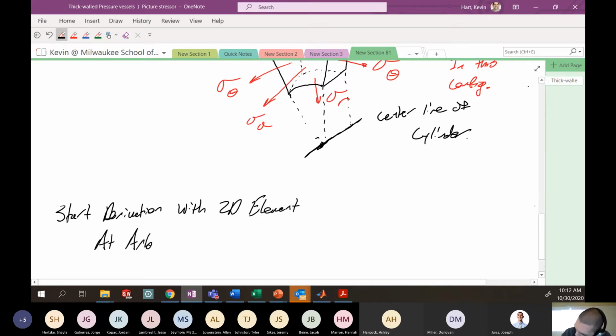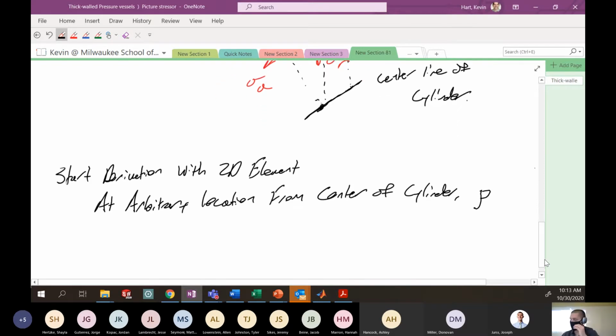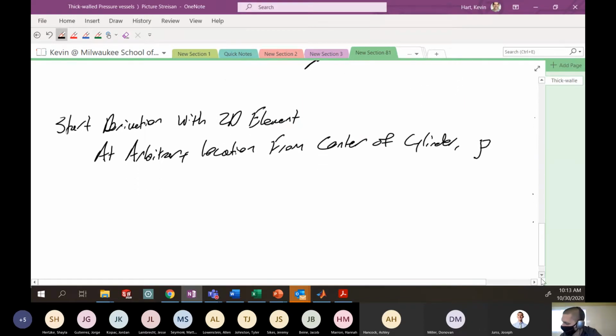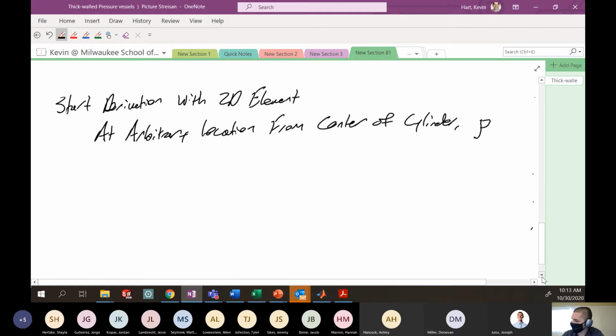at an arbitrary location from the center of the cylinder, which we're going to call, for this derivation, rho. So what's that going to look like? Again, I'm just looking at the two-dimensional version of this.